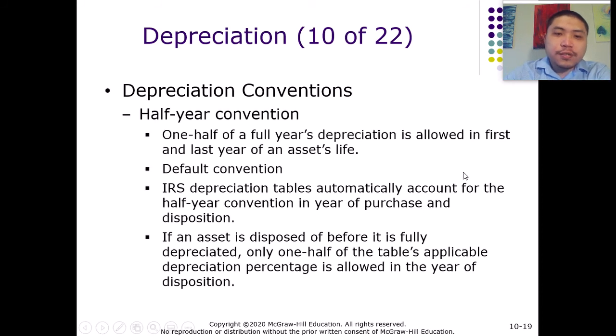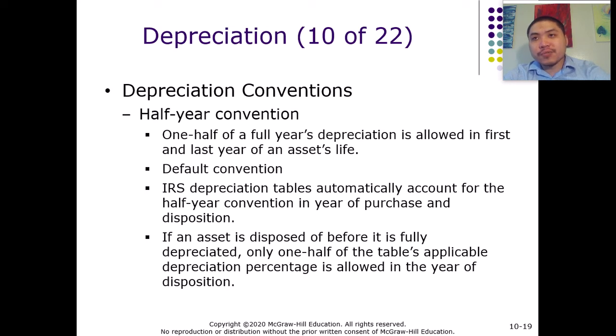Because this rule is pretty generous, it allows half a year of a full year's depreciation for the first year of the asset's life. So a lot of business owners take advantage of this rule.